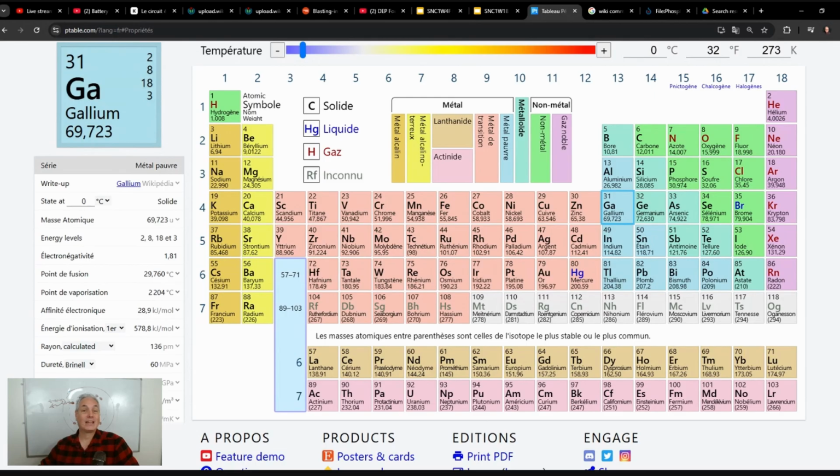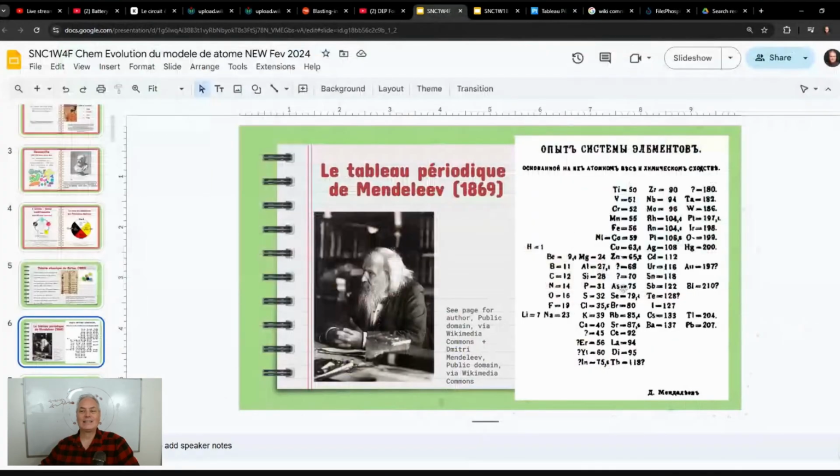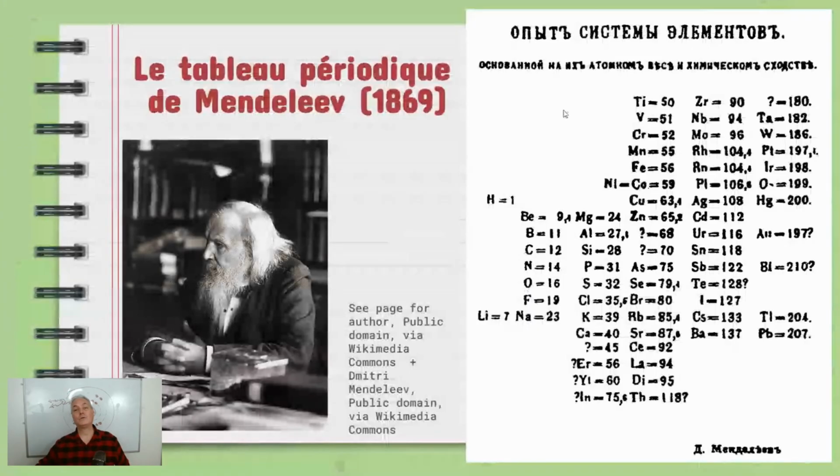His prediction was an atomic mass of 68, and when we discovered it, we realized the atomic mass was 69.7, and germanium at 72.6. These were unknown at the time. And if you look at his prediction, he was very close. So that's why we recognize him as an amazing contributor to science and chemistry.